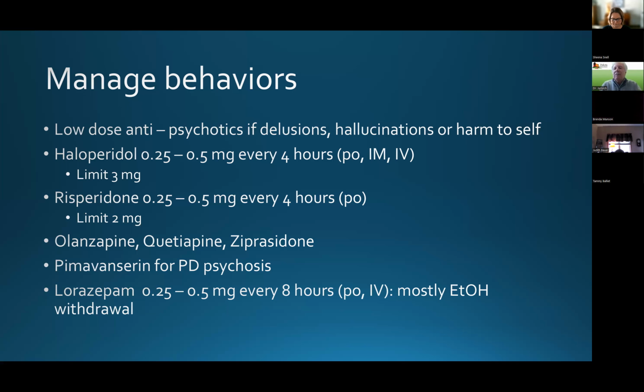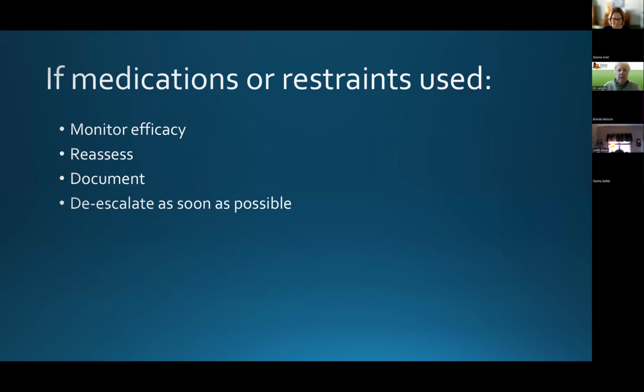But if it's just an inconvenience because somebody has to sit in there and they don't like to hear them screaming, not a good reason to be using these, right? So we need a little different mindset about how to manage this. And some hospitals actually have a delirium ward, where this behavior can play itself out over time. And we'll talk a little bit about the recovery from delirium here in a minute.